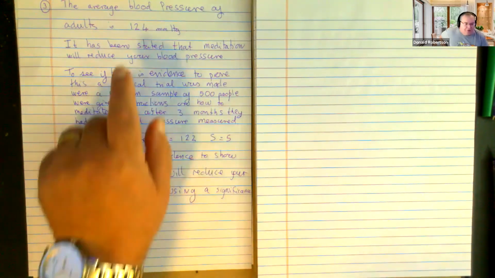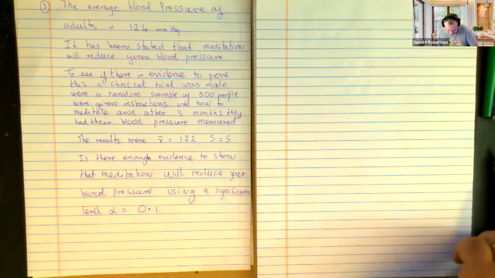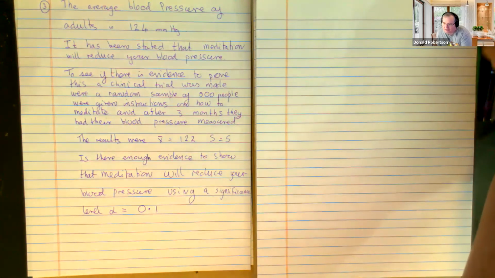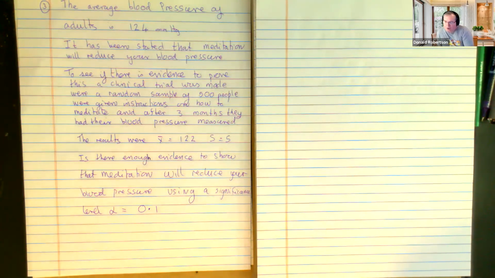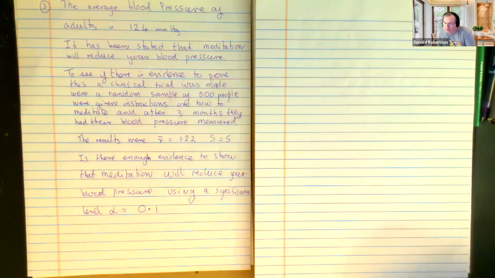Now, if you wanted to do a better version of that, 2 groups, right? 2 groups of people, right? One meditating and the other not, right? It wouldn't be a good idea to get 250 people who meditate and 250 people who don't.